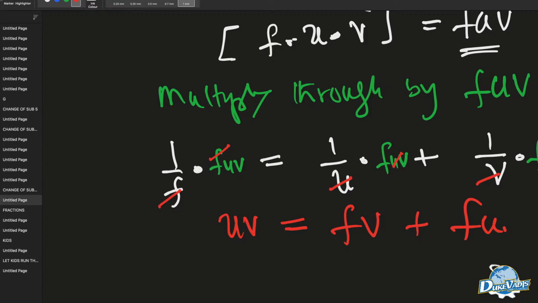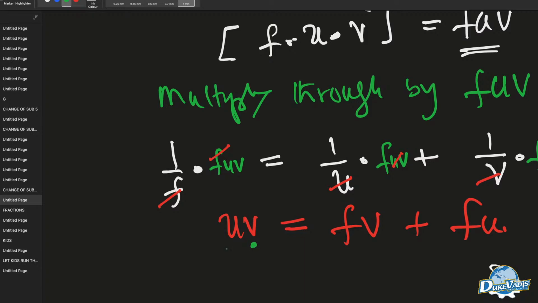So being able to attain UV equal to FV plus FU, we have to try as much as possible to let all the U's get together and all the V's stay on their own. When we look at it very carefully, we see that on our left hand side here, we have V, which is not our interest.